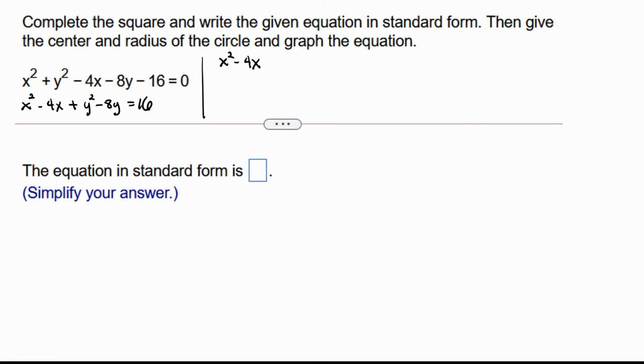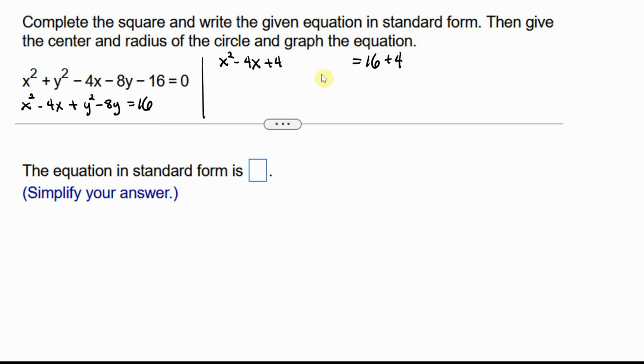So completing the square, it says look at the coefficient of x, which is negative 4. Take half of it, I get negative 2. Square negative 2, that gives me 4. So I'm going to add 4 here, and I'm going to add 4 on the other side of the equal sign, where it's 16.